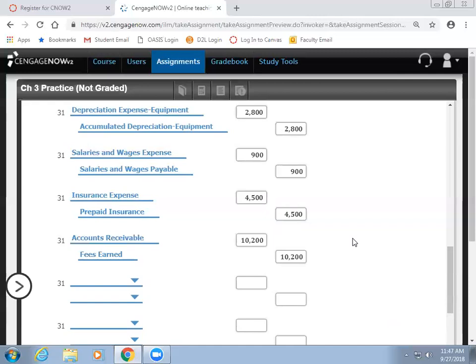Now let's see, the next one is supplies. So supplies on hand as of July 31st are $615. Again, it's giving me the ending balance, so I need to figure out how many supplies I used. So it's really just like the insurance. I'm going to look on that unadjusted trial balance for what I had in supplies, which was $1,725.